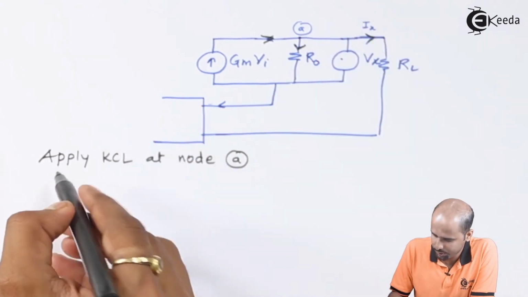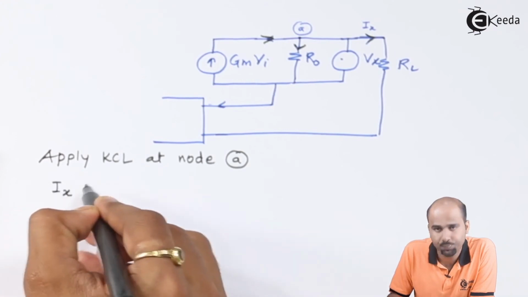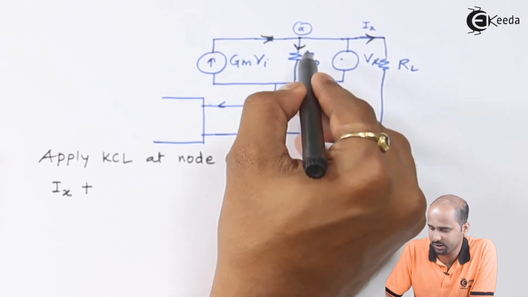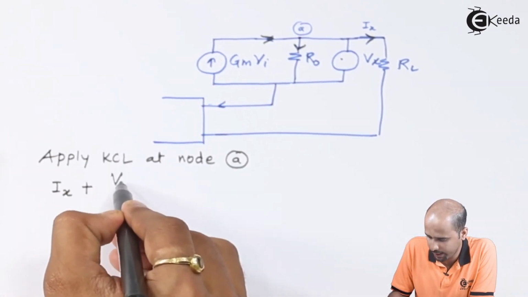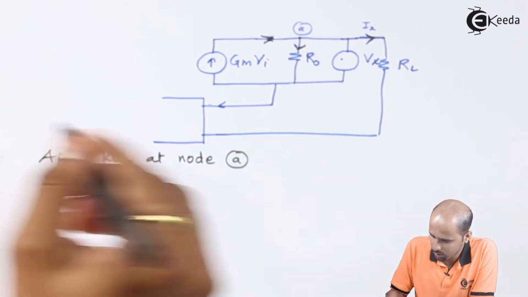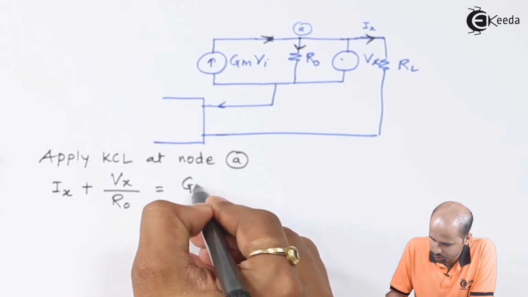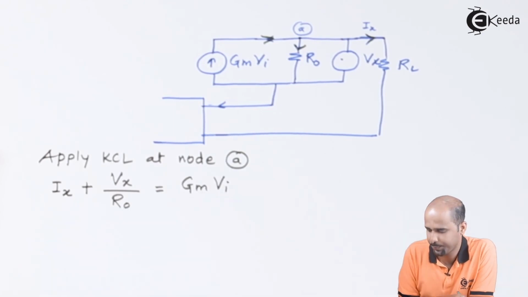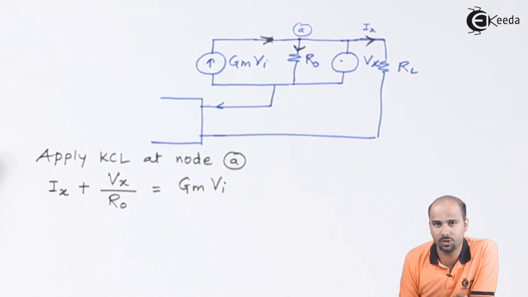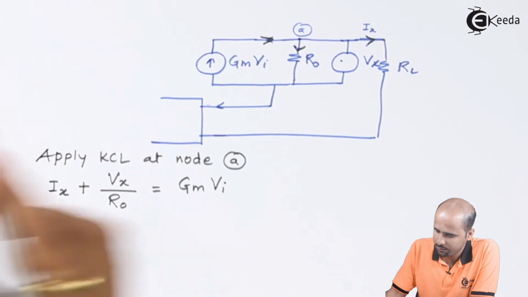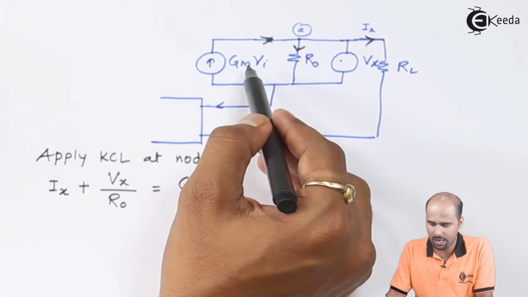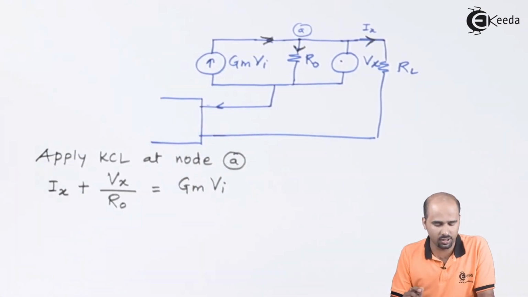So here I can say Ix plus Vx divided by Ro, which is the current flowing through Ro, is equal to Gm into Vi. Which parameter is to be neglected, which is to be converted into another form? It's nothing but Vi, right? Moreover, I know that I have to do the short circuit at the input side.